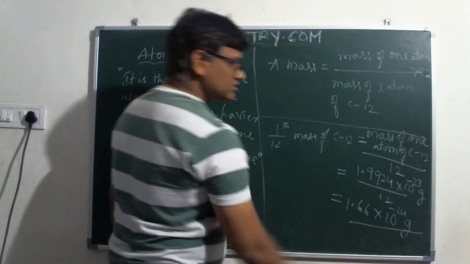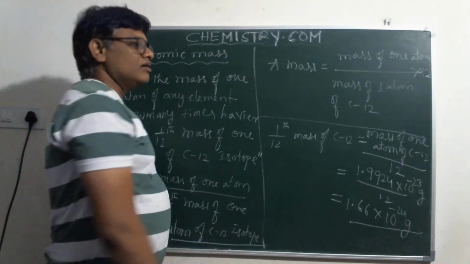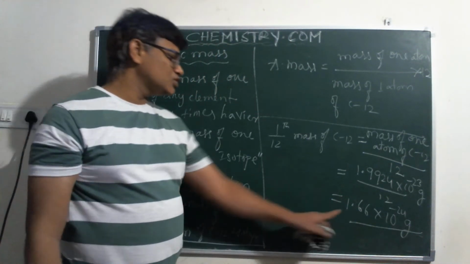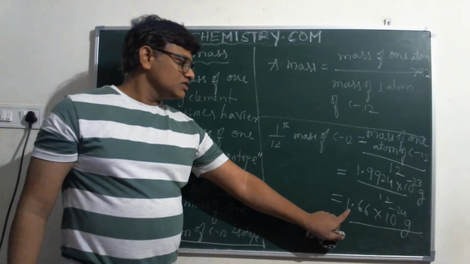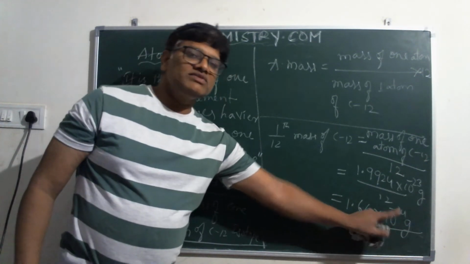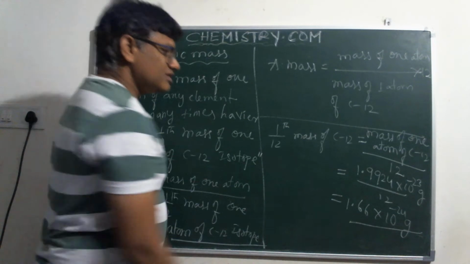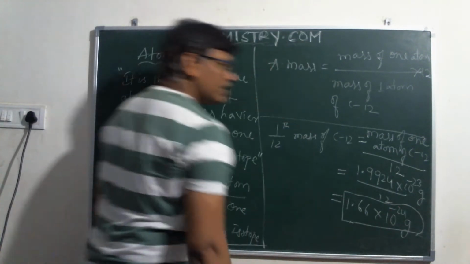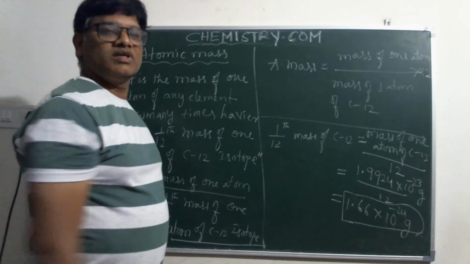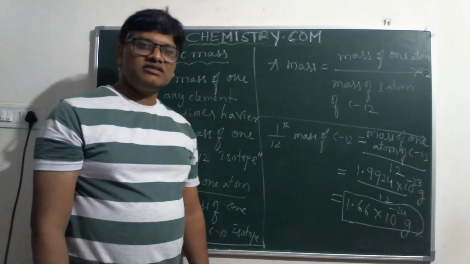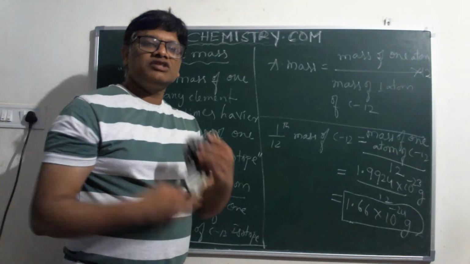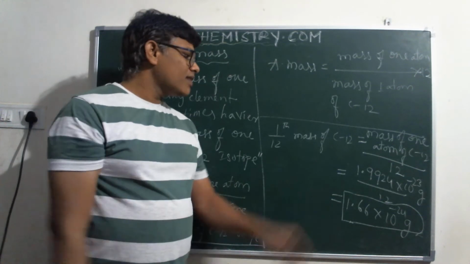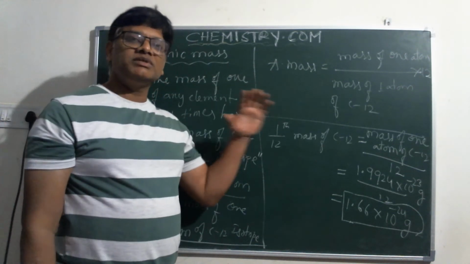This is the mass of 1/12 part of carbon 12 isotope, calculated in grams. This mass is one mass unit, taken as a reference to determine atomic masses of other elements present in the periodic table.